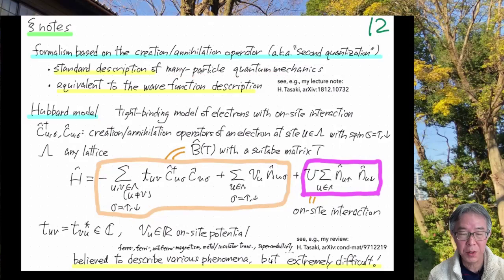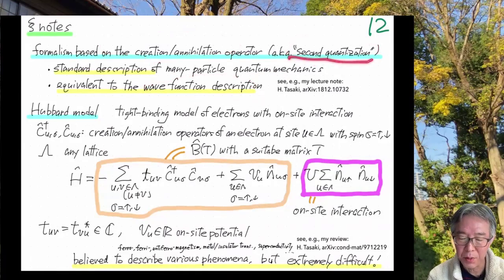But I really want to stress that this formalism is equivalent to the wave function description that we discussed in the beginning. The wave function description is tedious, but there's nothing special about this formalism. They are exactly equivalent. And in this sense, this terminology, the second quantization, is confusing.